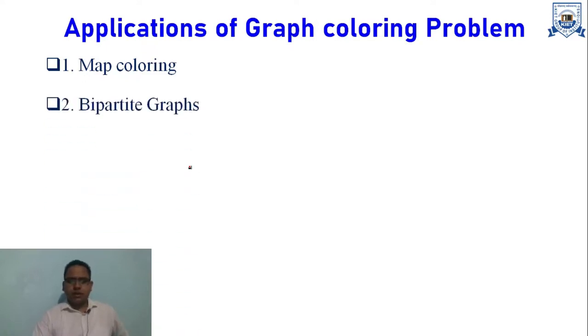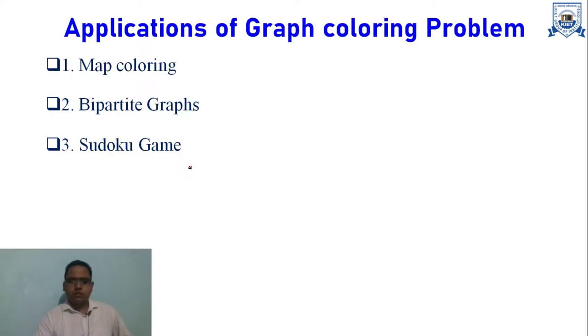Next is the bipartite graph. If a graph can be colored in two colors, then we can say it is a bipartite graph, otherwise the graph will not be bipartite. So graph coloring plays an important role in bipartite graphs. Next, Sudoku games, where each box can be colored with different colors.